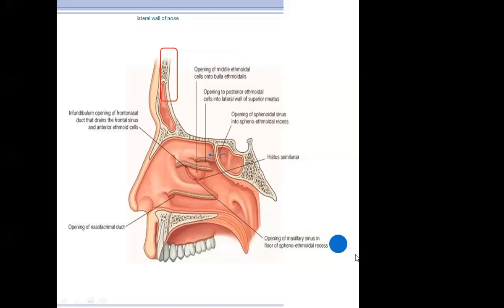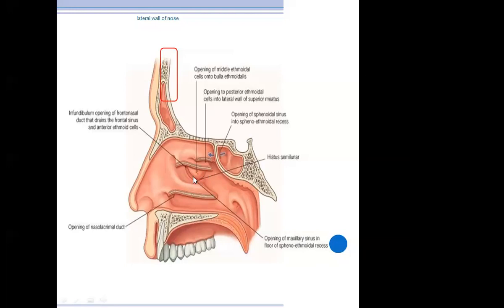Here you can see the opening of the maxillary sinus. And the middle ethmoidal air sinuses open on the bulla ethmoidalis, posterior to the bulla ethmoidalis.